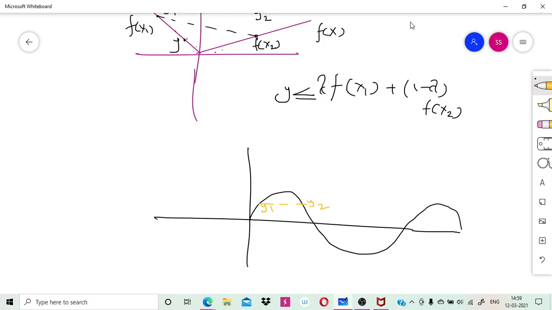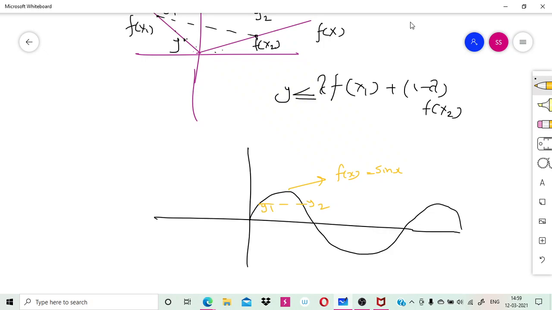So what you got is this line segment. If you consider, it is always below our waveform, our f of x equal to sin x graph.